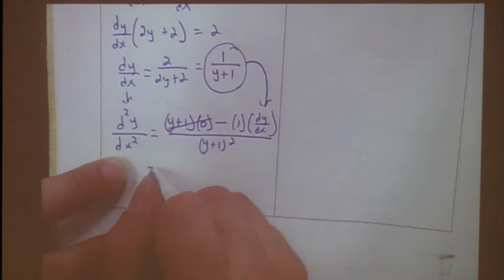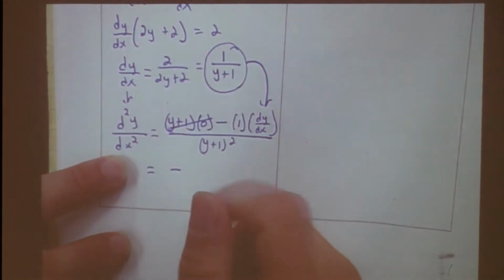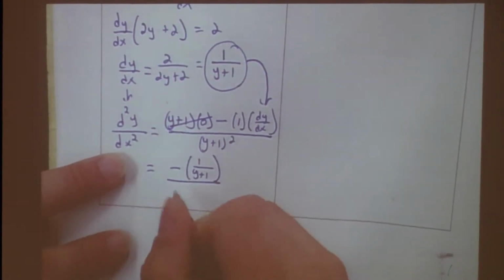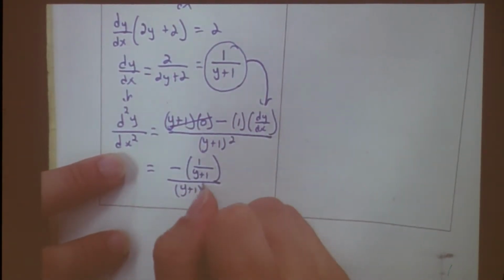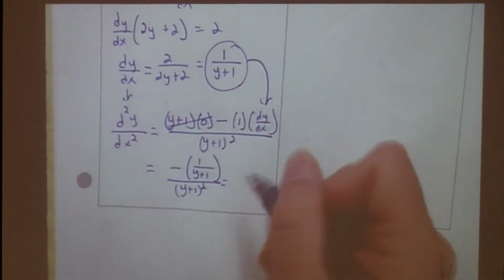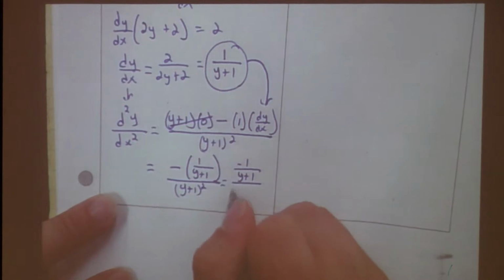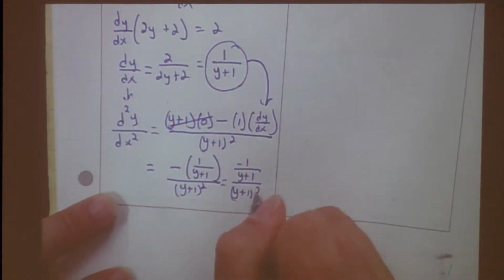So we're going to end up with negative, parentheses, 1 over y plus 1, all over y plus 1 squared, which is really negative 1 over y plus 1 over y plus 1 squared.